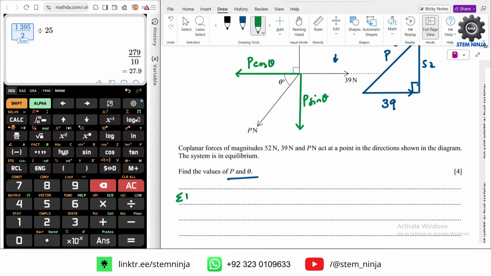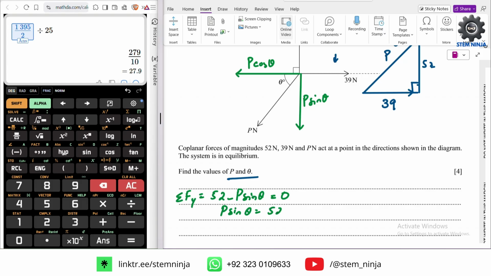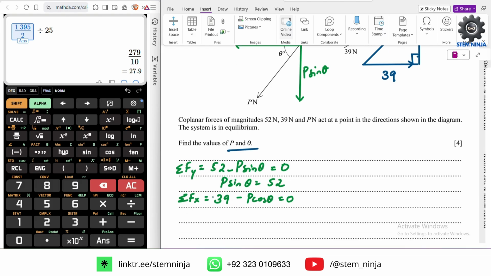So sum of forces in y, you have 52 minus p sine theta equals 0, which means that p sine theta is 52. Similarly, sum of forces in x is 39 minus p cos theta equals 0. Therefore, that means that p cos theta is 39.